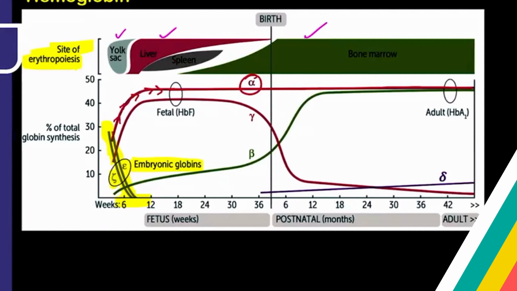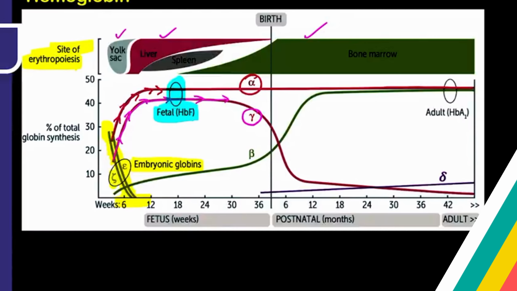Proportionally, when this embryonic hemoglobin is decreasing, another chain's concentration is also rising here, and this is nothing but your gamma chain. So when alpha is very high and gamma is also very high, they combine with one another and form the fetal hemoglobin.